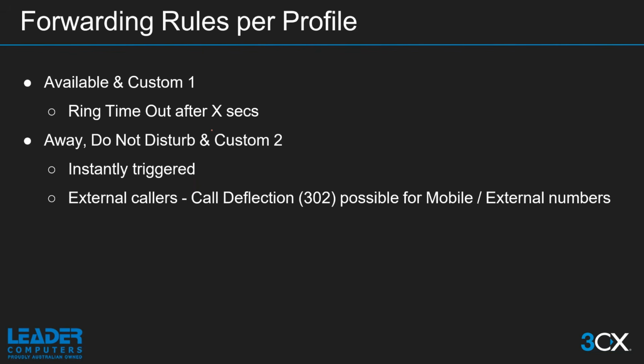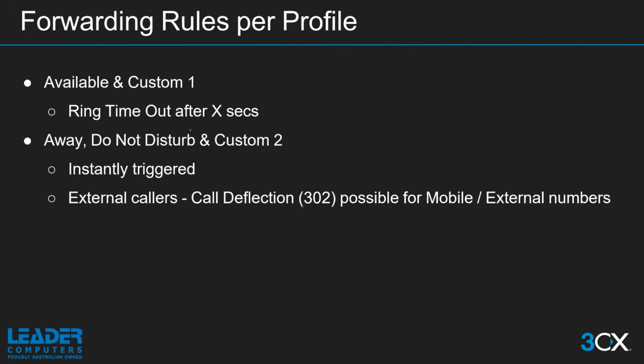When you set someone on available or custom 1, it's going to ring for a certain amount of time, and after the time, it's going to push the call to whatever the forwarding rules option is. But for away, do not disturb or custom 2, that's instantly triggered. There will be no timeout.